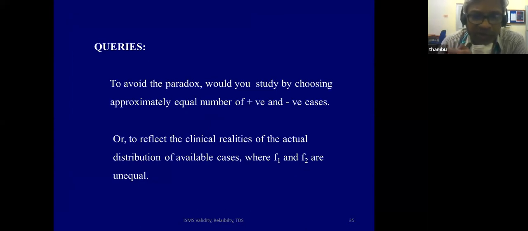So to avoid the paradox, you design your study choosing approximately equal numbers of positive and negative cases, or to reflect the clinical realities of the actual distribution of cases, where F1 and F2 are unequal. If you're doing a case control study, then you have roughly equal numbers of cases and controls.